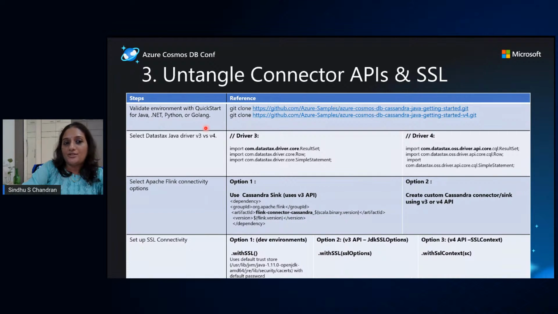You could use the Java, .NET, Python, or Golang packages. And in my story, K2 or Kirana Cube decides to go with Java v3. So this is the one that you download, and you can try to connect using this sample application to confirm everything is good on your Azure environment. So that is the first step.